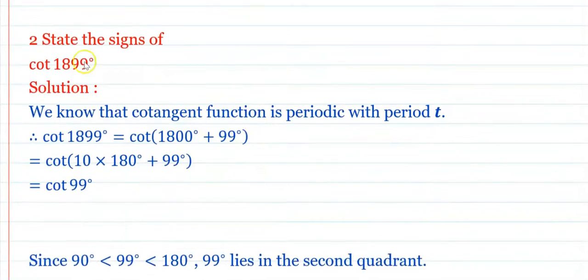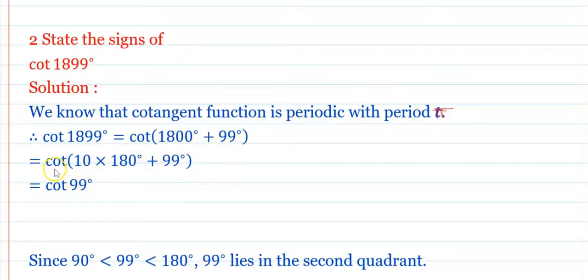Now the next, state the sign of cot of 1899. We know that the cotangent function is periodic with the period pi. Therefore, the cotangent of 1899 is equal to cot of 1800 plus 99.